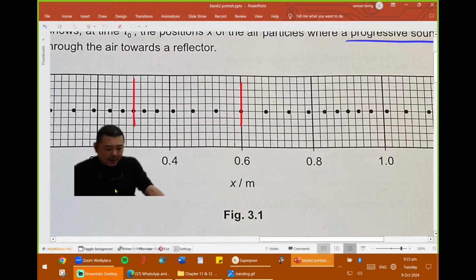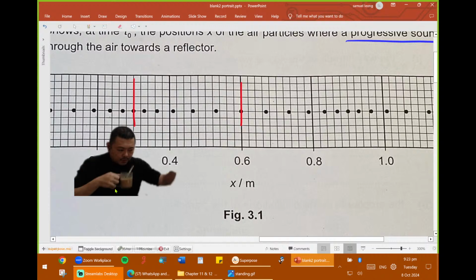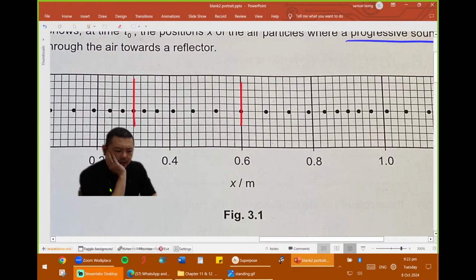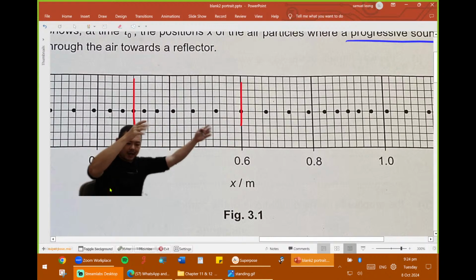Do you understand that compressions and rarefactions are back at their equilibrium positions for a progressive sound wave? Okay. Can I divide this space by 5 particles?